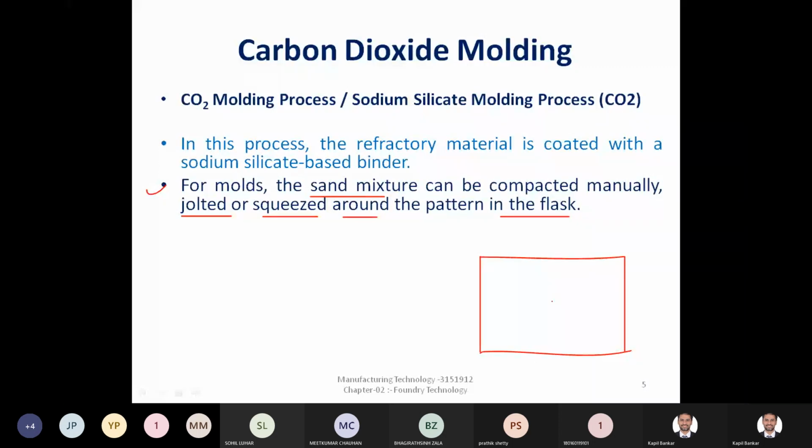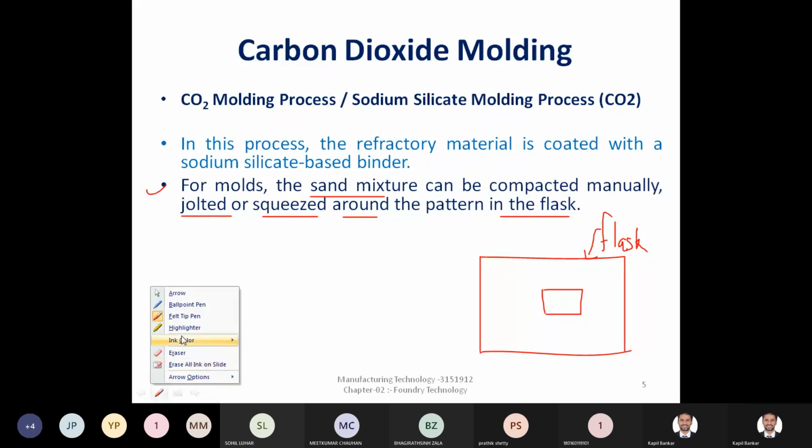First of all, this is a flask. In the flask, you place your pattern and fill the flask with sand particles.